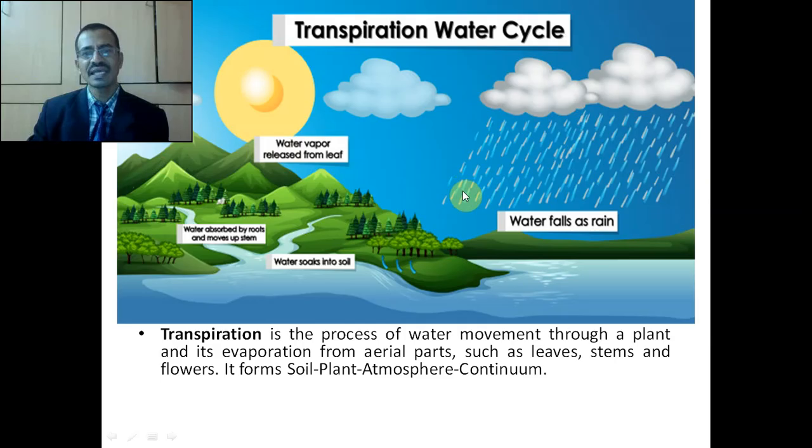So this is like a cycle. Through the soil, water enters into the plants, and through the plants, water enters into the atmosphere in the form of water vapor. And this cycle is called the soil, plant, atmosphere continuum.